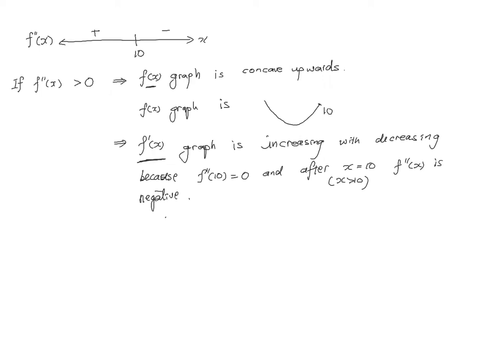So therefore, x equal to 10 is the local maximum for y equal to f prime x graph. Are you clear? That's all.